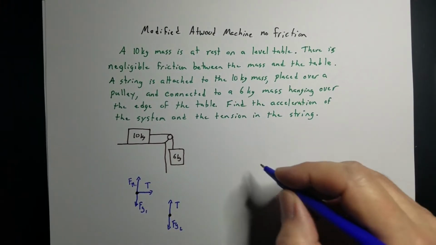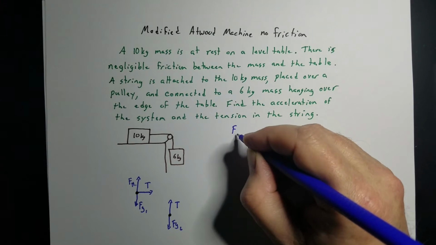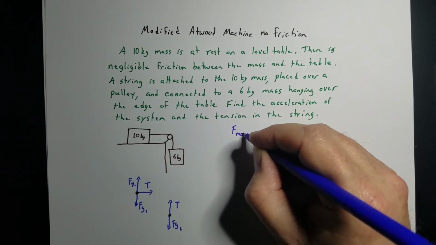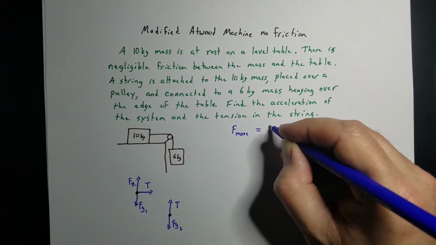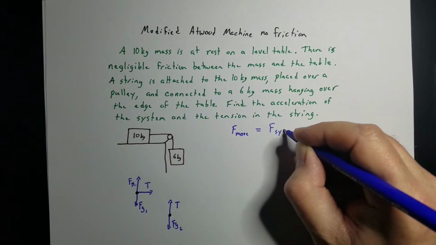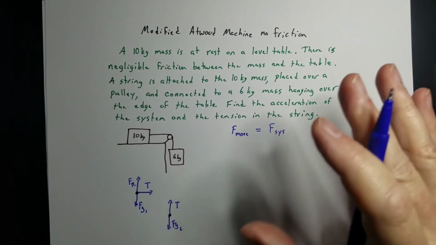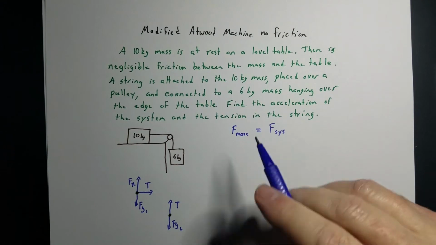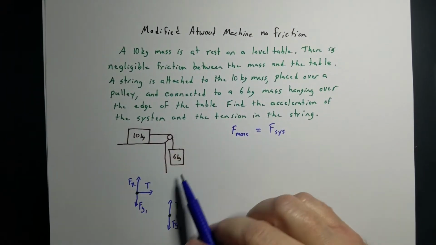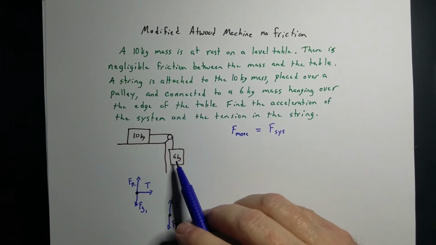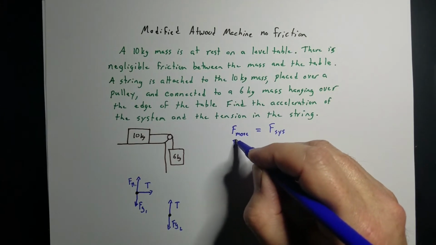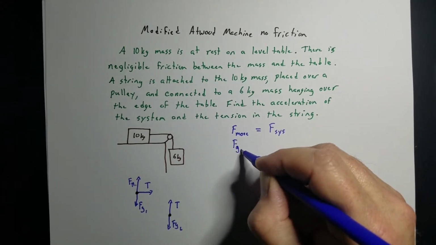I want to use this method: the force or forces that are making it move have to equal the forces on the system. That's just my little phrase that I use to remember this by. So, what's causing this system to move? Well, it's the weight of this mass over here, the weight of that second mass.